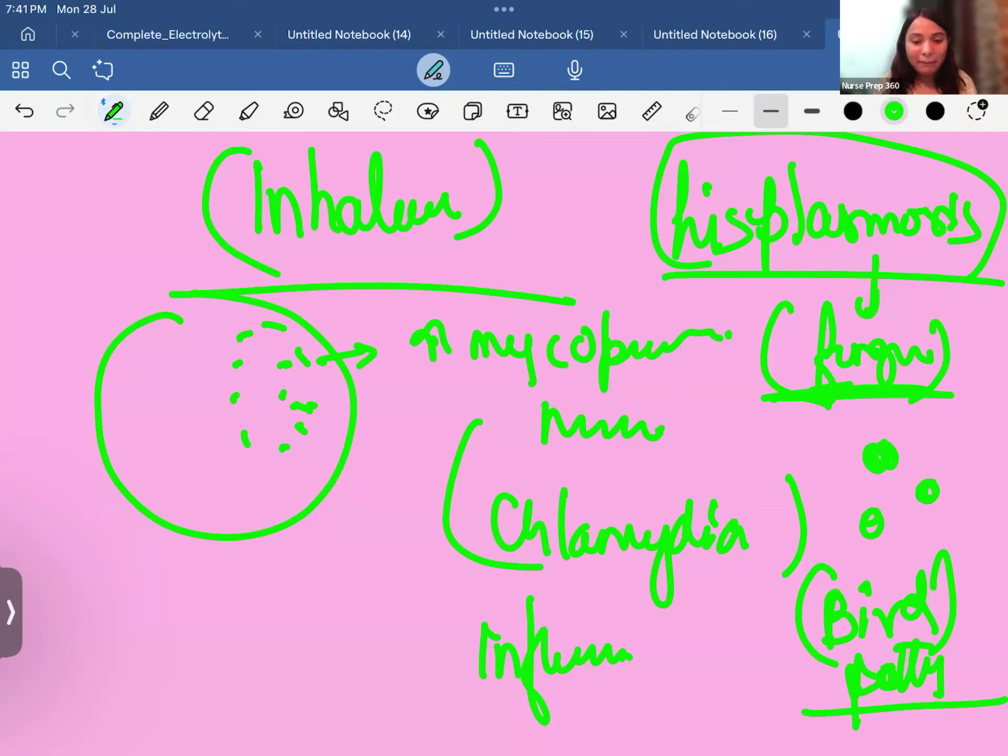Poultry means murgi palan, chickens. So people who are dealing with birds, especially chickens and hens, their droppings get infected by histoplasmosis and it is saturated in the airway, and these people get a fungal kind of pneumonia caused by histoplasmosis.